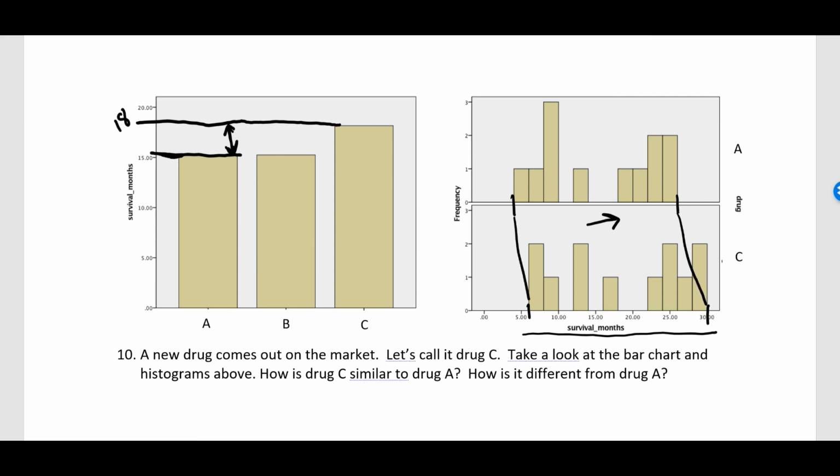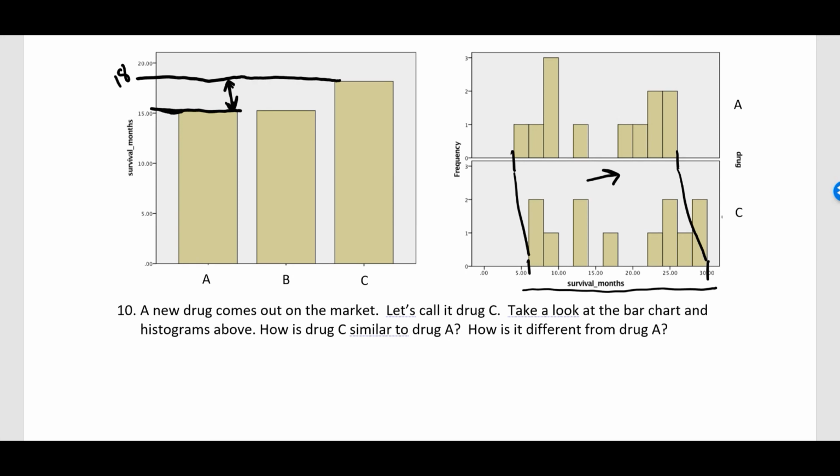It's hard to see. So I would say drug C is similar to drug A in the shape of the distribution. And how it's different from drug A is that it has a higher average, right? That average is higher than drug A.